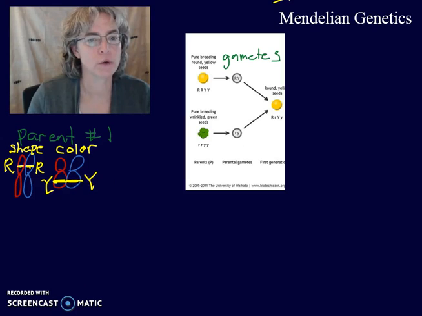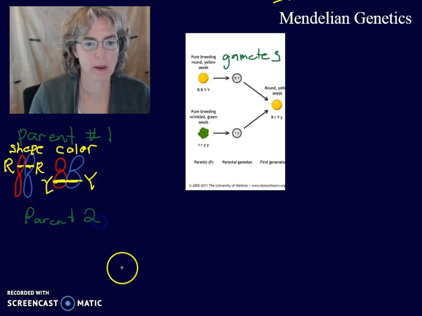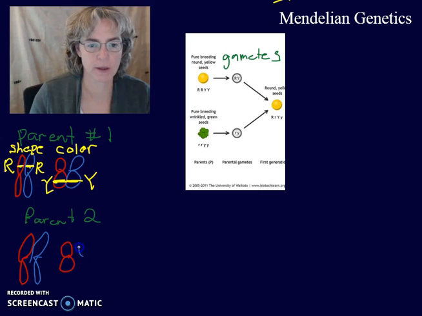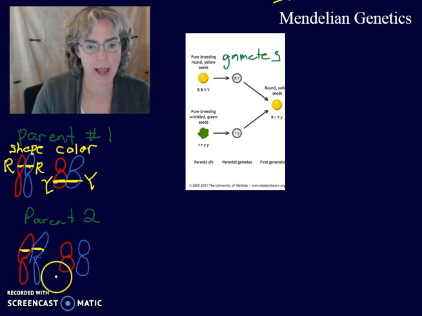Okay, so let's go now to parent 2. Let's do our chromosomes again. So we've got chromosome, oh, that's a big one. That's fine. And then homologous pairs. And we've got our alleles on here again for seed shape and seed color.